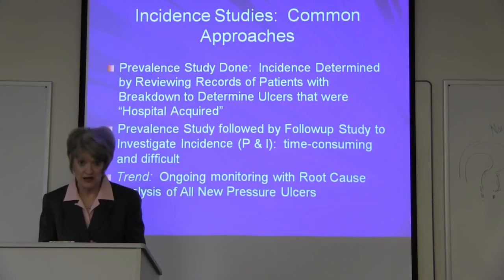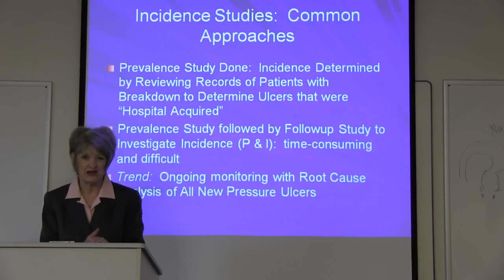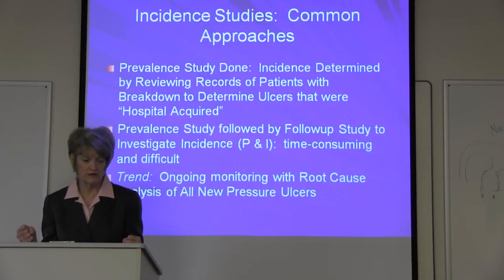The earlier we catch it, the more likely we can intervene to prevent any significant tissue damage. Also, every time a patient develops what we think is a pressure ulcer, it gives us an opportunity to look back and see, is there anything we could have done any better, so that we can constantly improve our care and constantly improve our outcomes. So you get everyone on board.